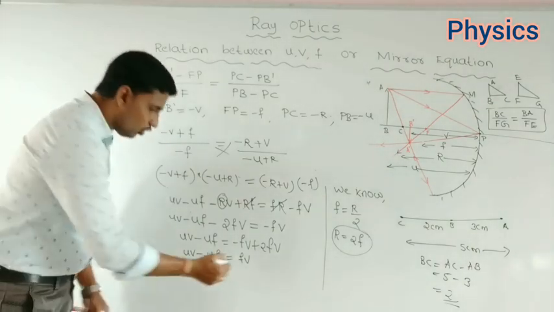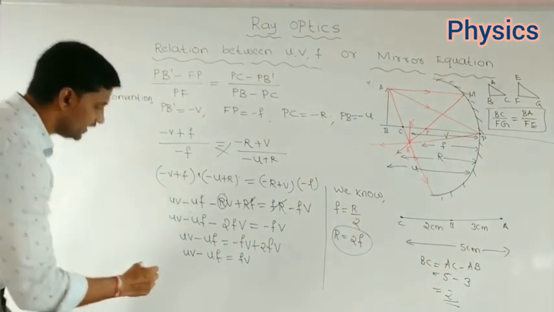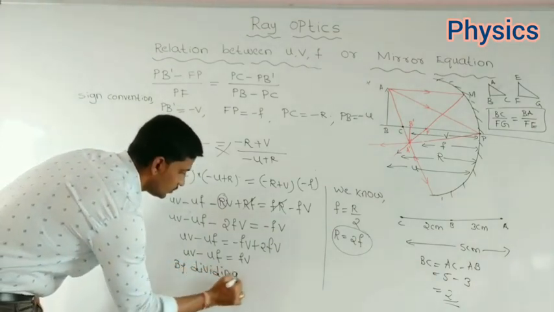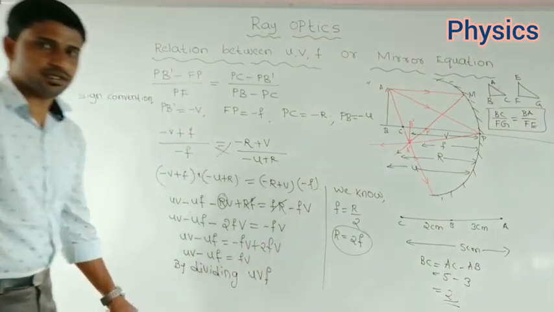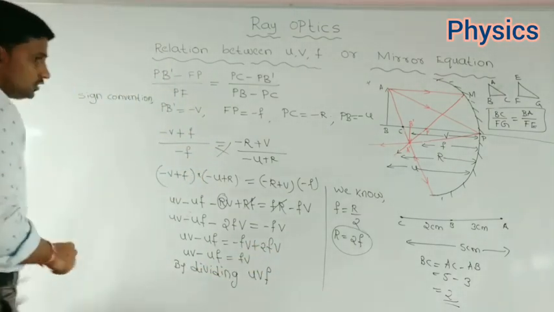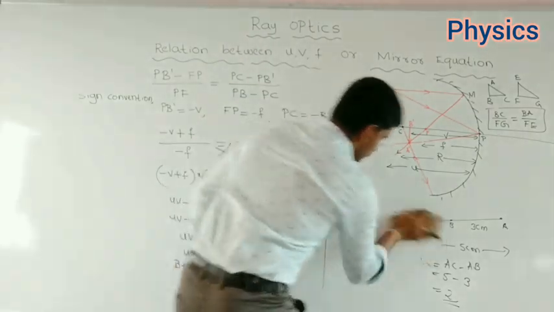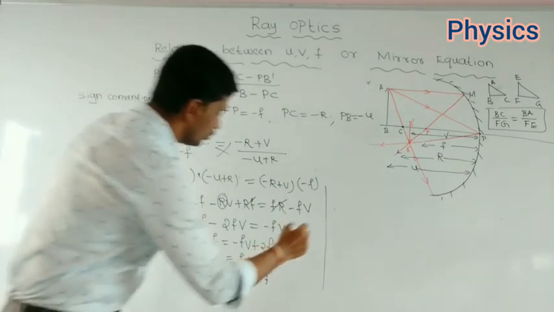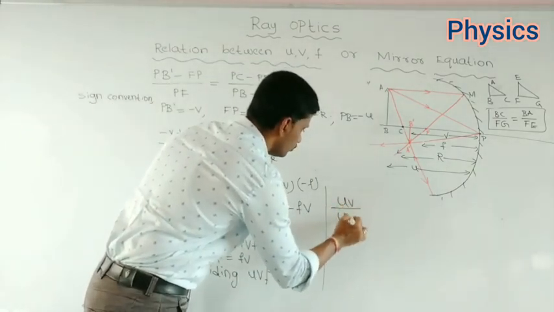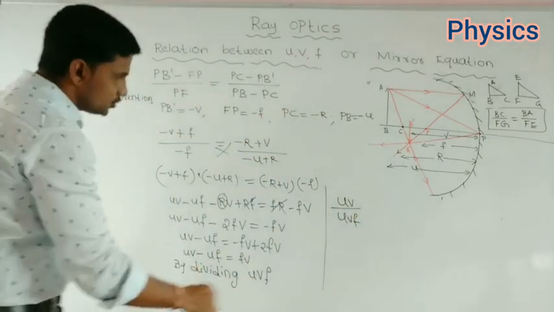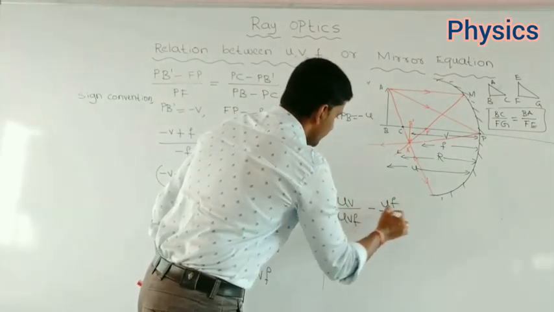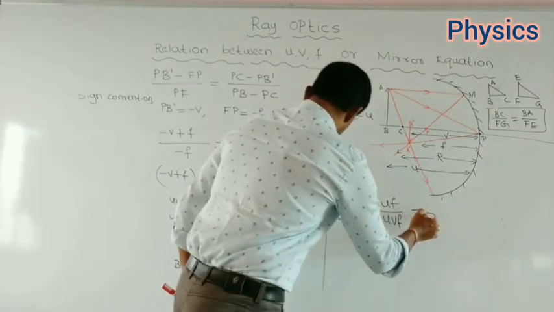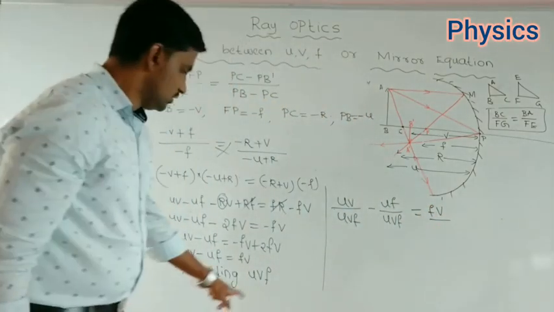If I divide this equation by uvf, I will get uv divided by uvf, minus uf divided by uvf, that is equal to fv divided by uvf.